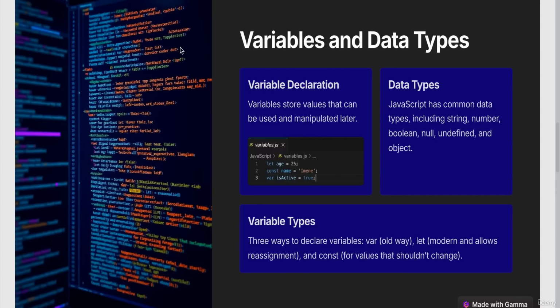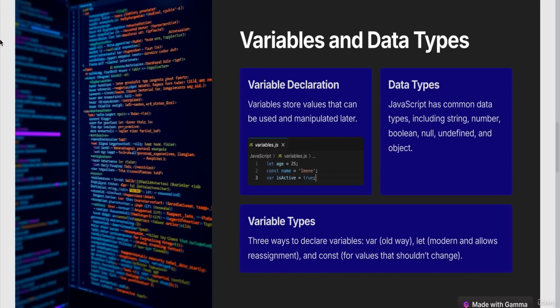JavaScript has several data types you'll use frequently. String: use it for text and enclose it in quotes. Number: numeric values for things like age, price, or quantity. Boolean: true or false values, perfect for yes or no situations.